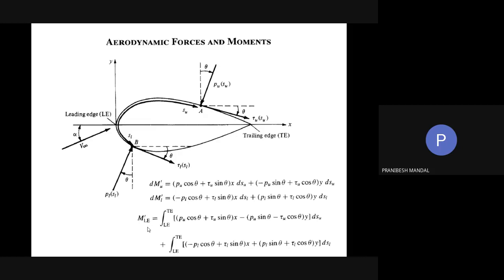The aerofoil model is kept static and air is blown on it at different velocities in order to find out the interaction between the air and this object, and with pressure sensors and stress sensors the pressure and shear stress distribution can be obtained. That is purely an experimental setup which we use to get this pressure and shear stress distribution data.